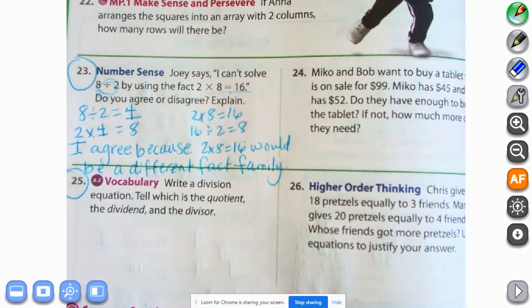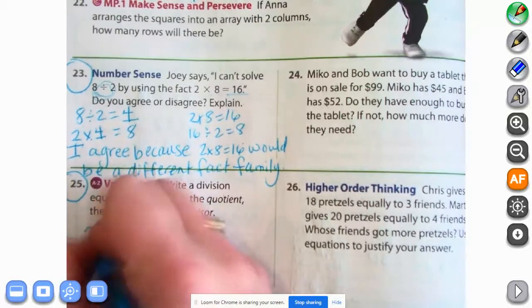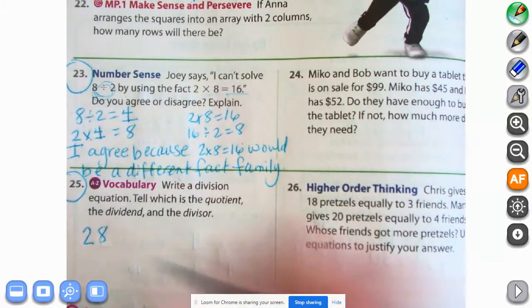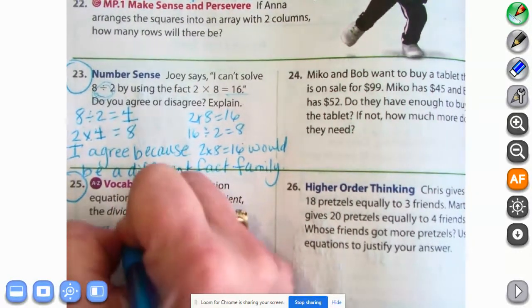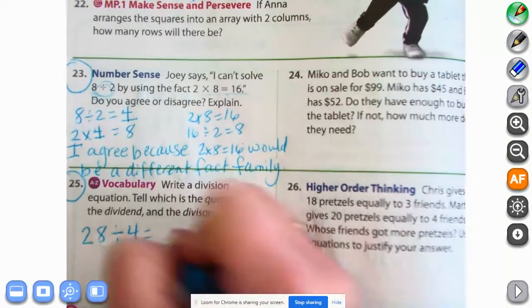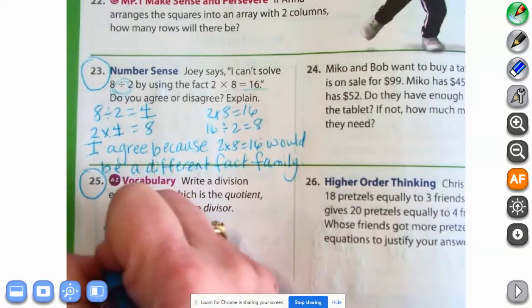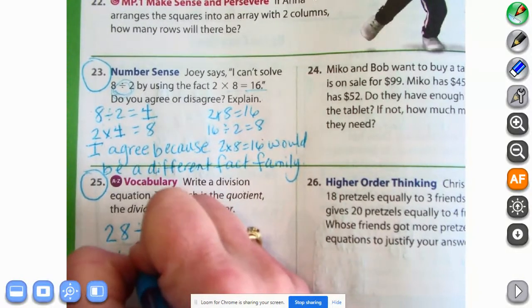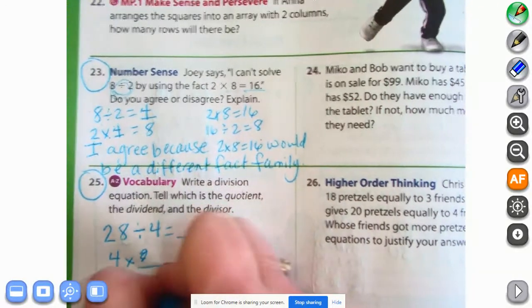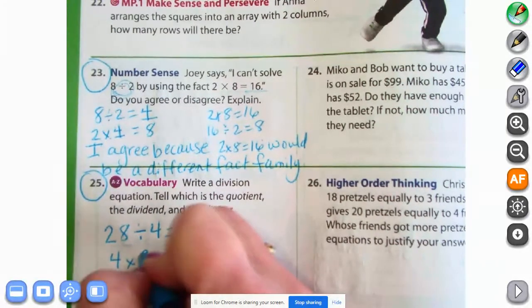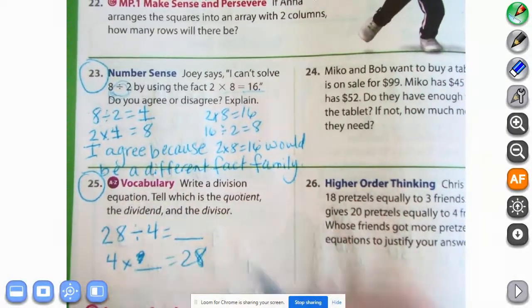If we have 28 students divided into groups of 4, will give us how many groups? Or 4 times what would equal 28? I was going to write 28 here. Okay.